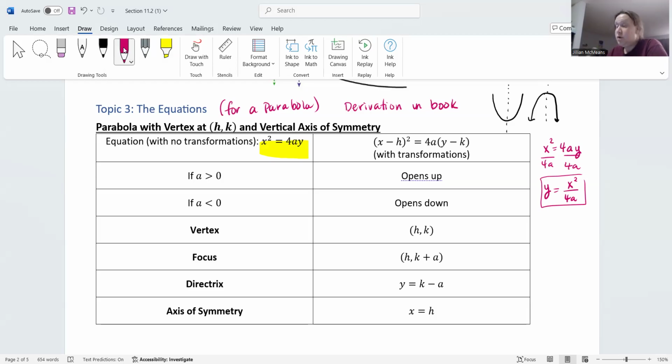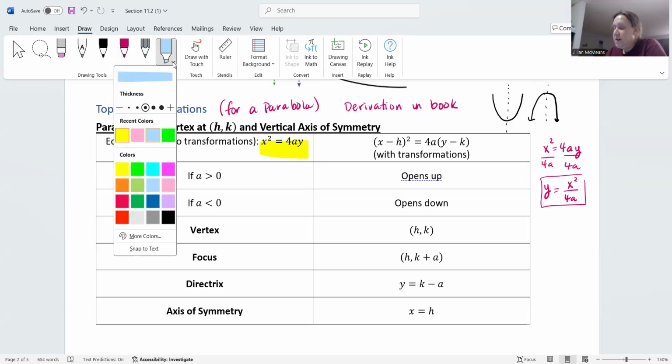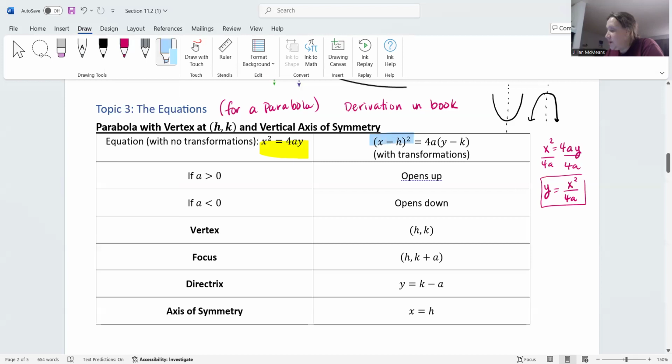Now, in the event that you do have transformations, the equation is going to look a little bit different. So with transformations, you would have something like x minus h quantity squared equals 4 times that value a, and then times y minus k quantity. Okay?